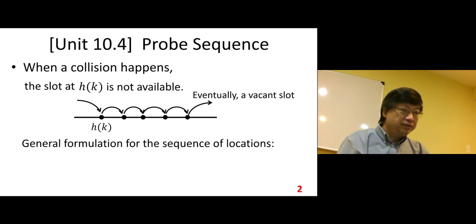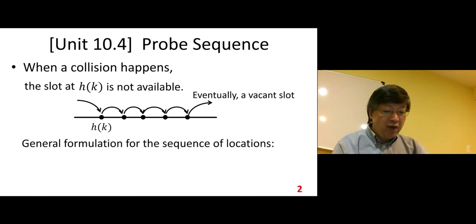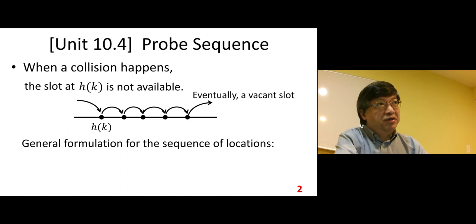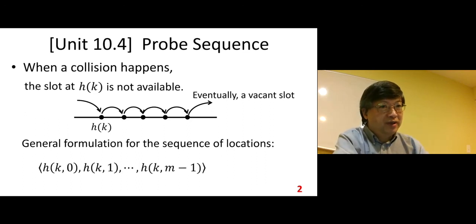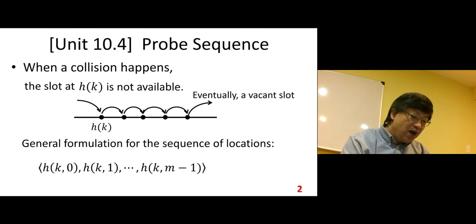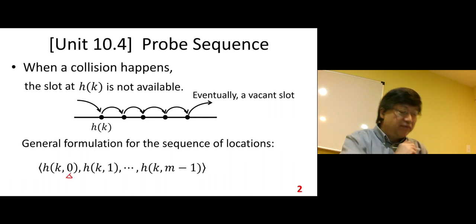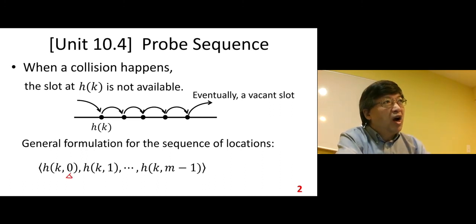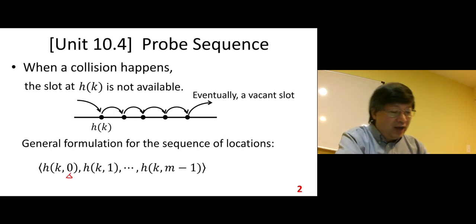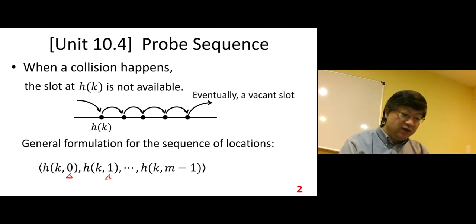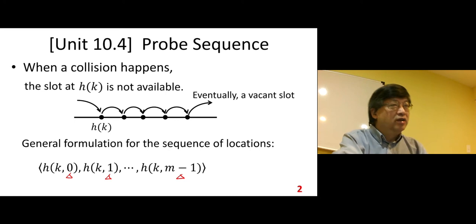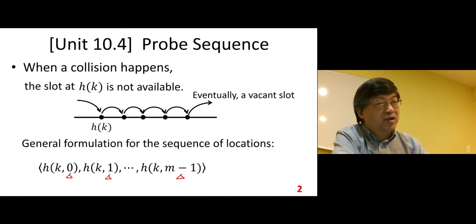The general information for the sequence of locations. You may try many different locations. So the first time, that's try number 0. Then try number 1, and so on. The last one, try number m-1.